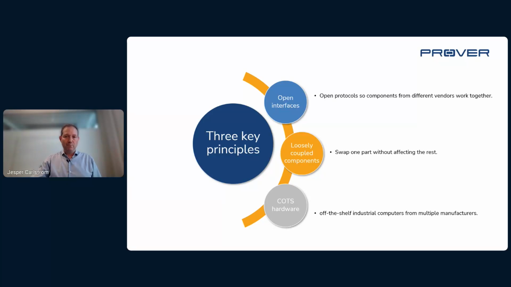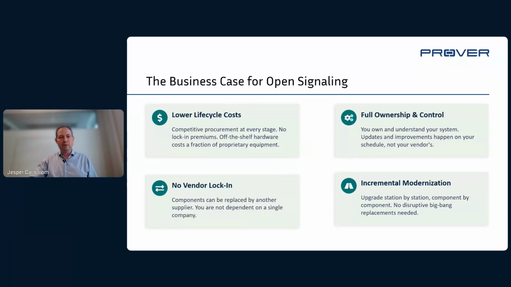If you want to understand the business aspects, we need to work on the business case for you. I cannot give any figures because it depends a lot on your precise conditions. But if you work on the business case, I would say that there are 4 aspects that you need to focus on. The first one is this will surely lower life cycle costs because of competitive procurement at every stage.